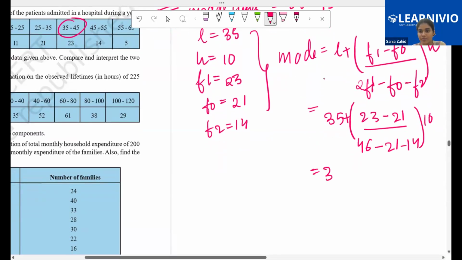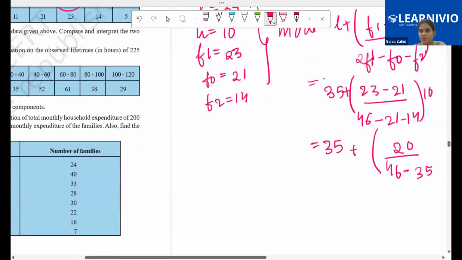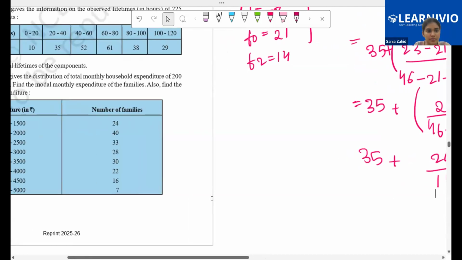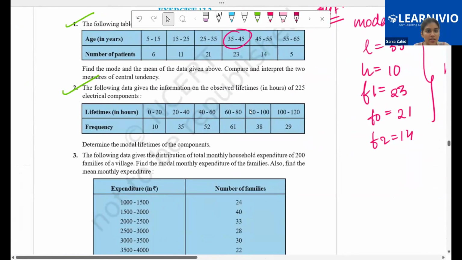So you have 20 by 11. So approximately 37 will be your answer. 36.8 approximately. What are you getting? 36.81. Yeah, that's correct.